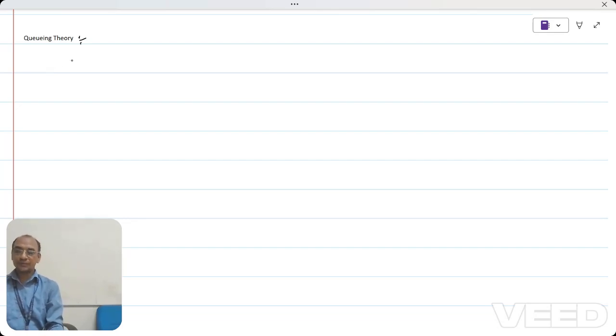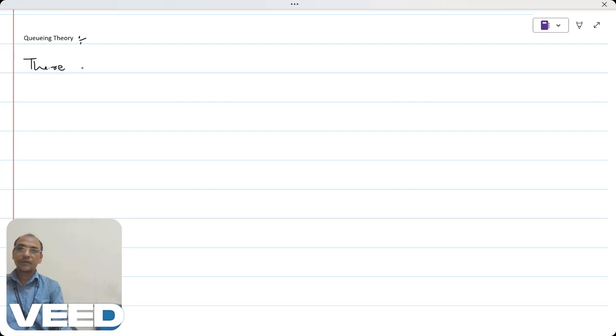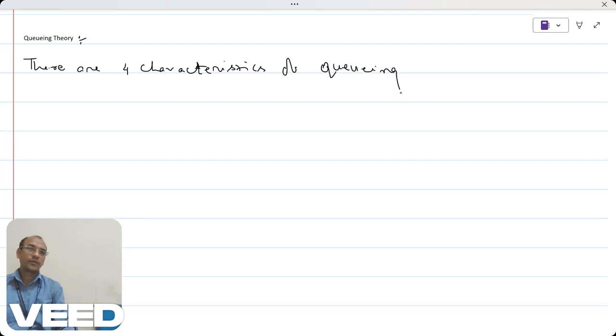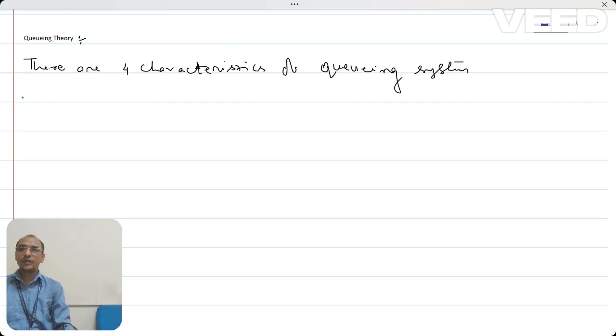There are four characteristics of the queuing system, and we can categorize them in four ways.